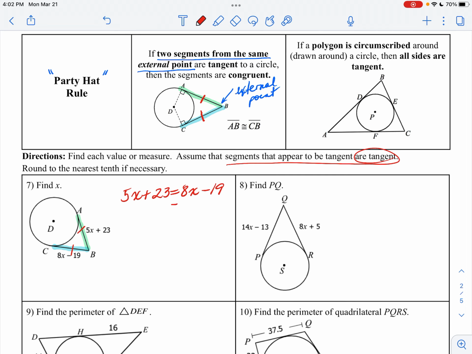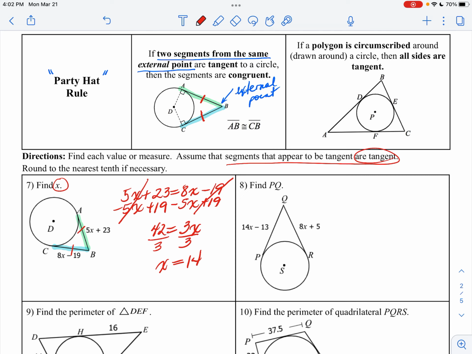Let's subtract 5x from both sides, and then add 19 to both sides. So 3x equals 42. Divide by 3. X equals 14. And in this case, we're only finding x, so we're done.